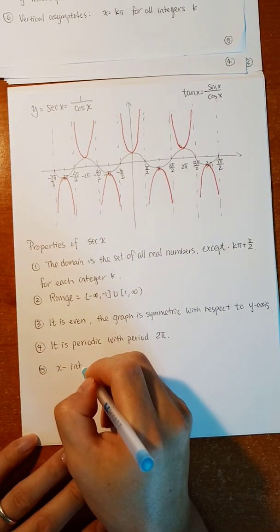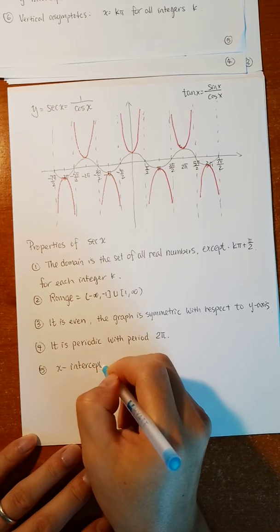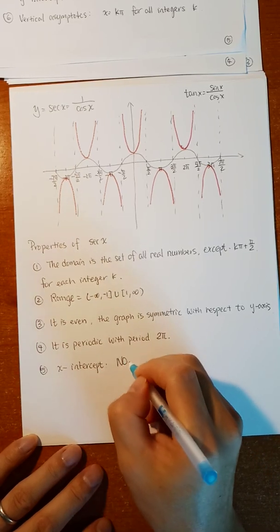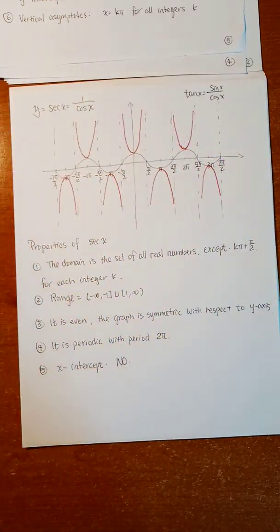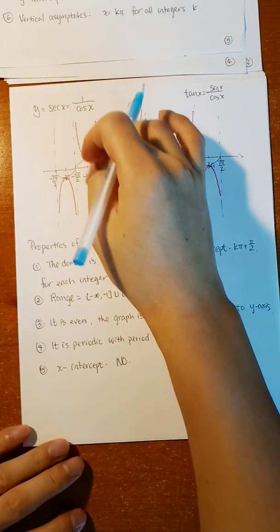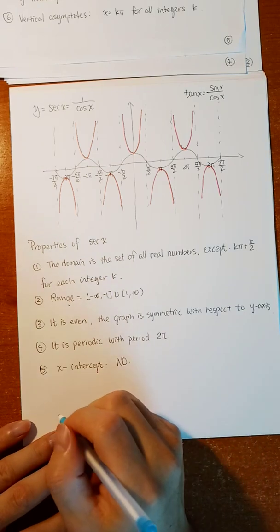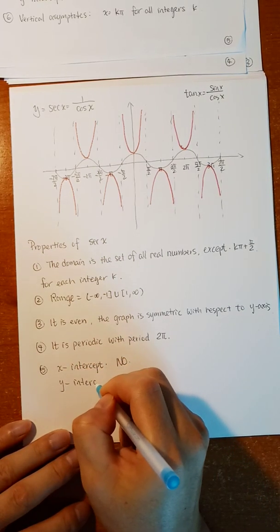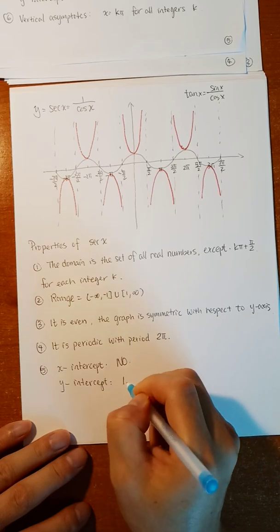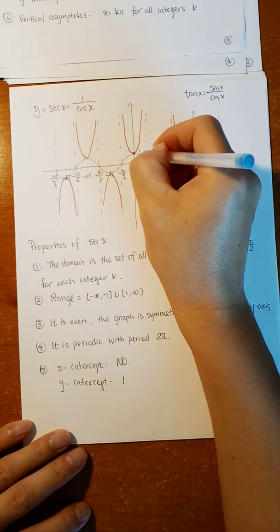5, x-intercept. No, there's no x-intercept because it misses the horizontal middle band. Between negative 1 and positive 1, it does not take the value. The y-intercept is 1. This point, this is the y-intercept.